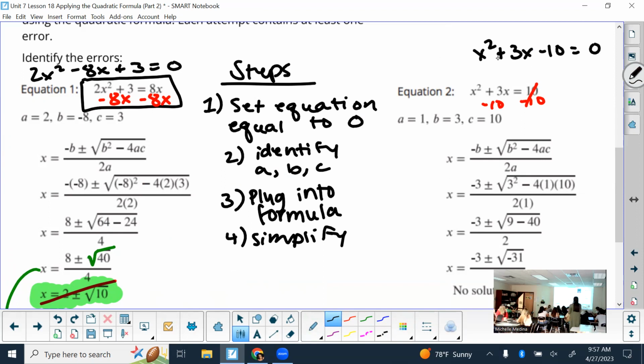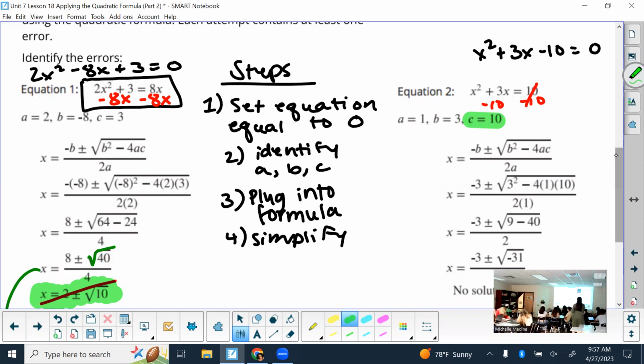So then in identifying my A, B, and C, is that right? No. It's wrong for which one? The C. So, you could highlight from here to there. Like in the first one, they didn't show them setting it equal to 0, but they still got the A, B, and C right.